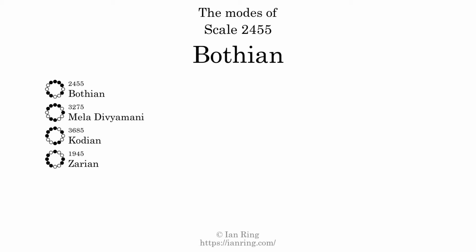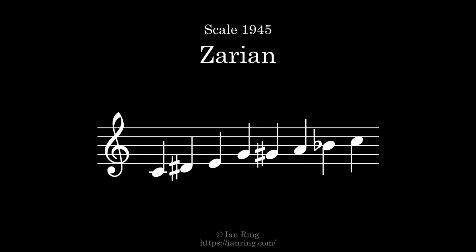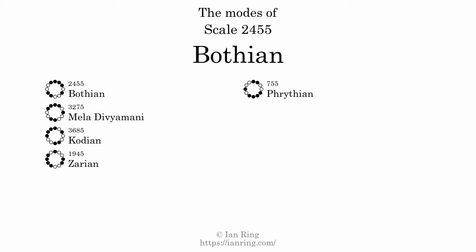The fourth mode is scale 1945, also known as Zerian. It sounds like this. The fifth mode is scale 755, also known as Frithian. It sounds like this.